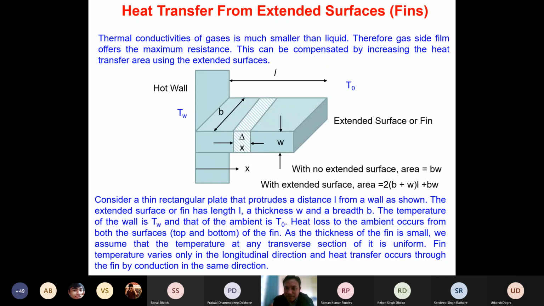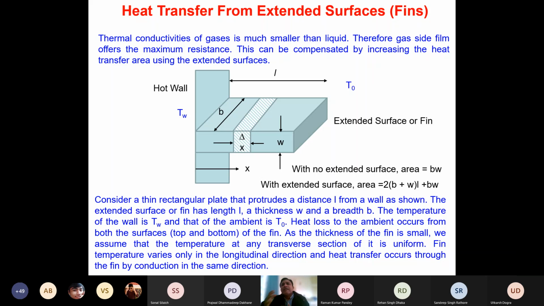Yes, sir. So heat dissipated to the air will be given by hA delta T. Delta T is fixed. Ambient temperature is fixed. Surface temperature of the wall is also fixed, so I do not have any flexibility to change delta T at all. So only two factors are there with me: either I can change h, or I can change A.